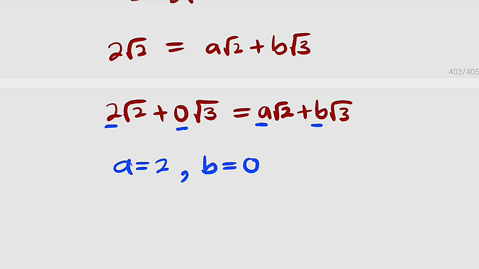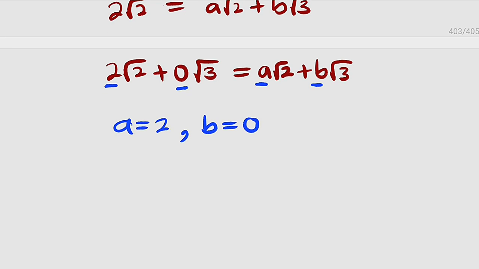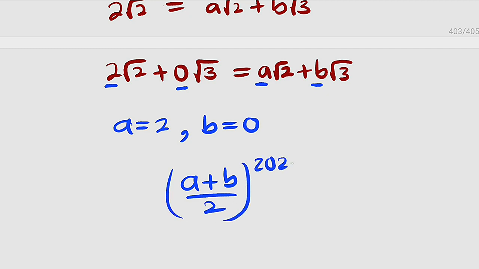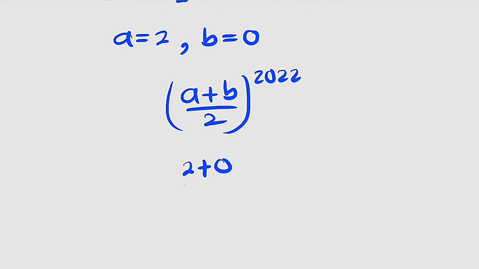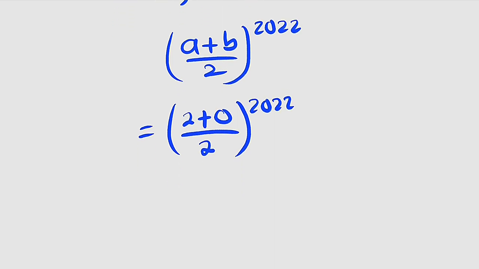But what are we looking for? Remember, we are asked to evaluate ((a + b)/2) to the power of 2022. So let's substitute. a is 2, so we have 2 plus b, which is 0, divided by 2, to the power of 2022. 2 plus 0 is 2, divided by 2 is 1.